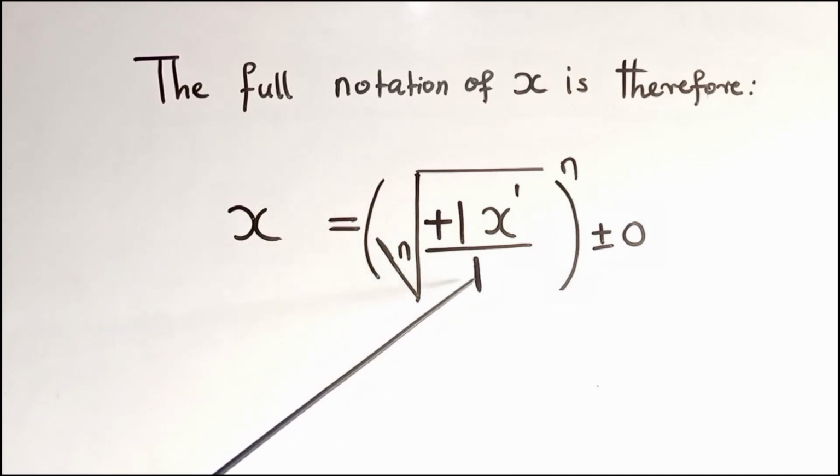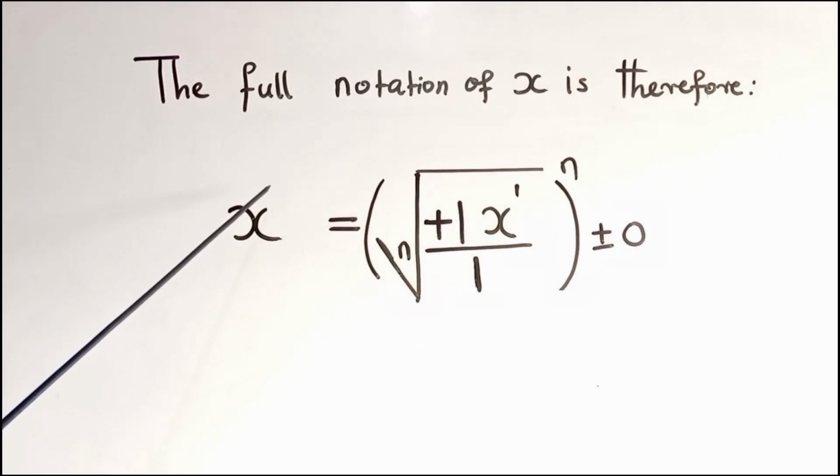So in this case, when 1 divides all of these, the answer will still be equal to X.